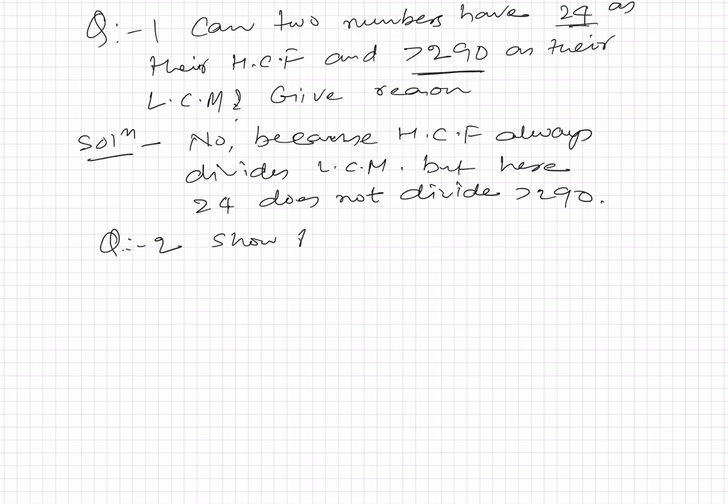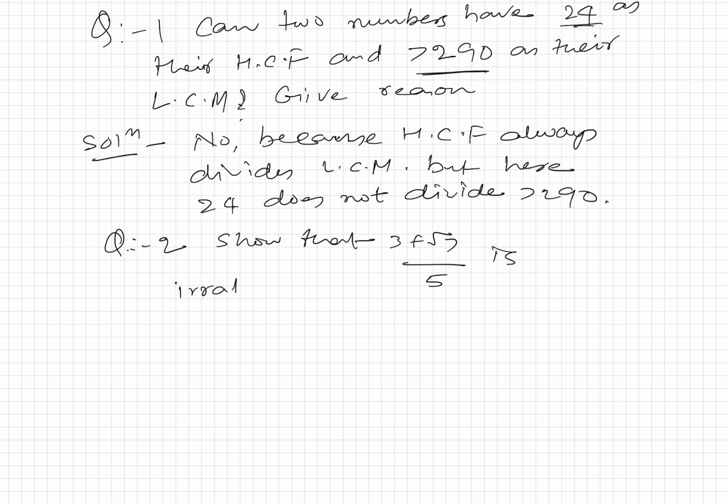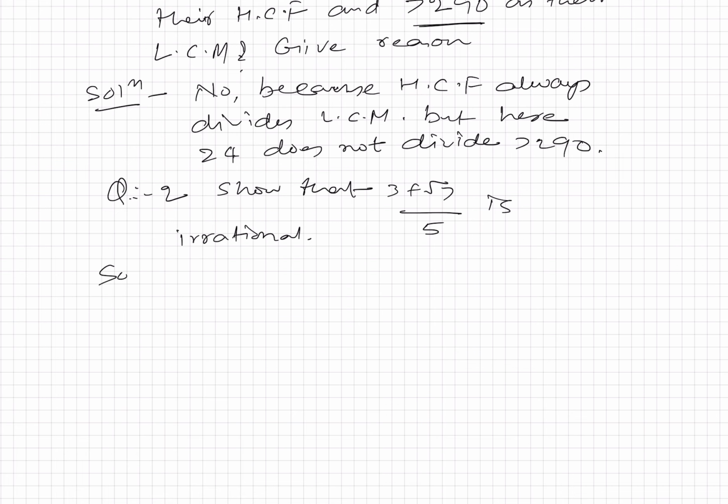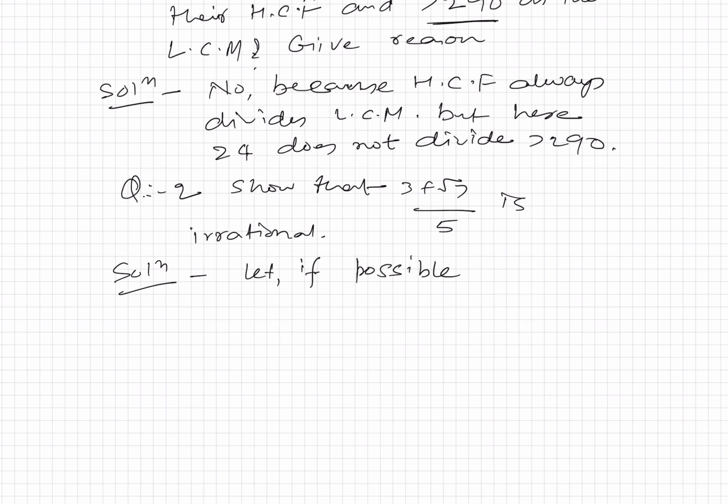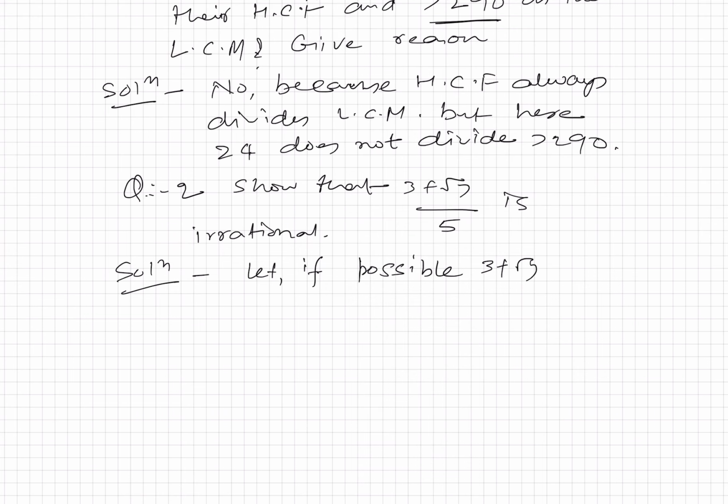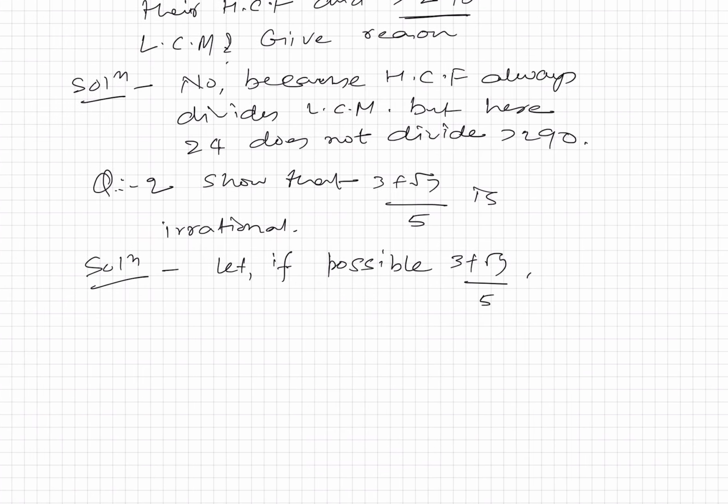Question number 2. Show that (3 plus root 7) by 5 is irrational. The solution is, first we suppose, let if possible, we will suppose (3 plus root 7) by 5 is rational.